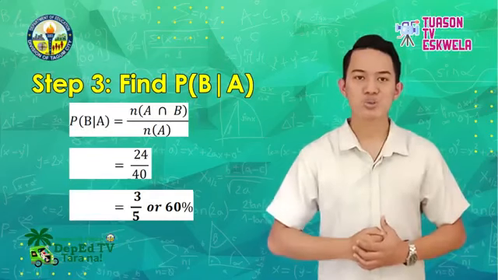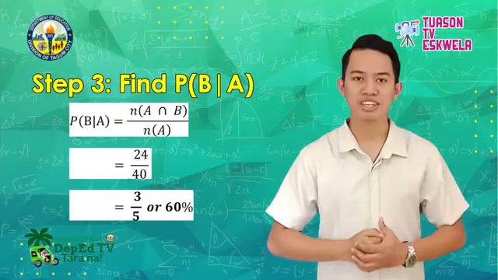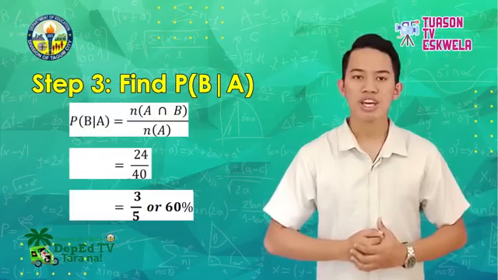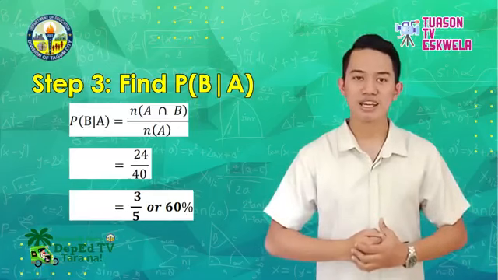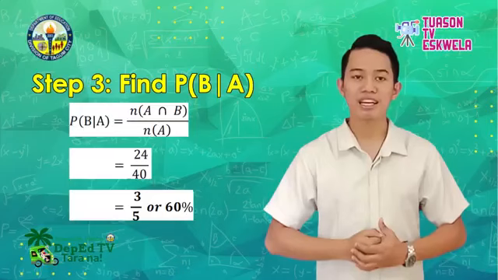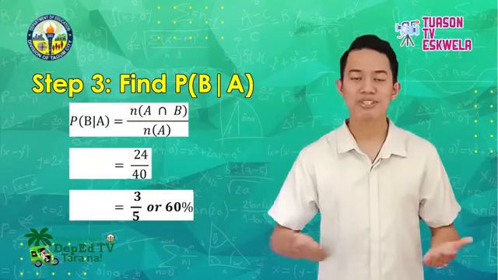That is 24 divided by 40, which is equal to 3 over 5 or 60%. Therefore, the probability that the employee passed the exam, given that he is a male, is 60%.